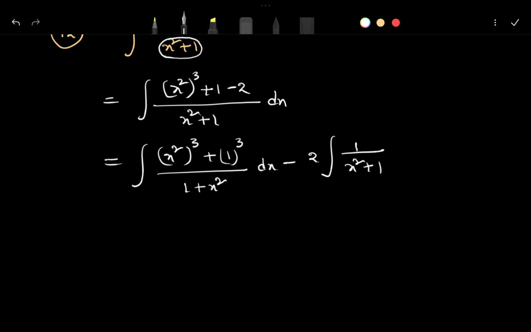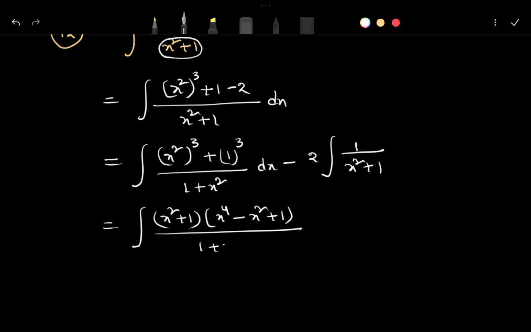So you can write this value as integration of (x square plus 1) into (x to the power of 4 minus x square plus 1) divided by 1 plus x square, into dx, minus 2 into integration of 1 by x square plus 1 into dx.